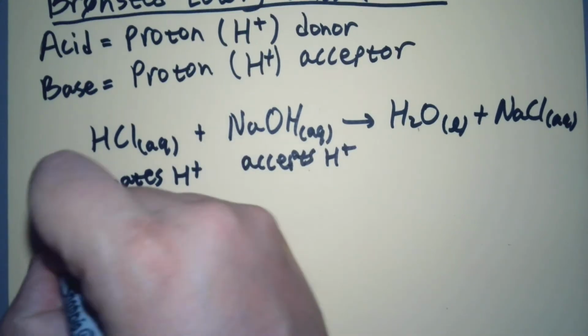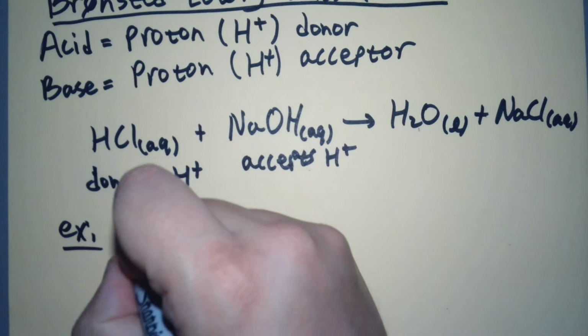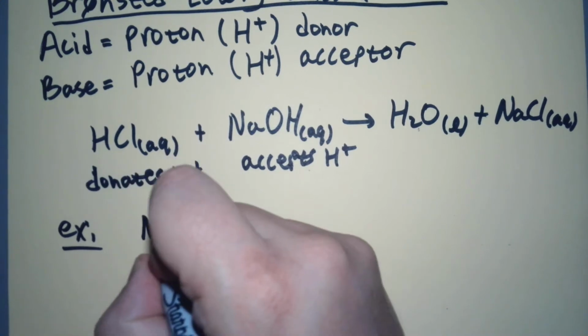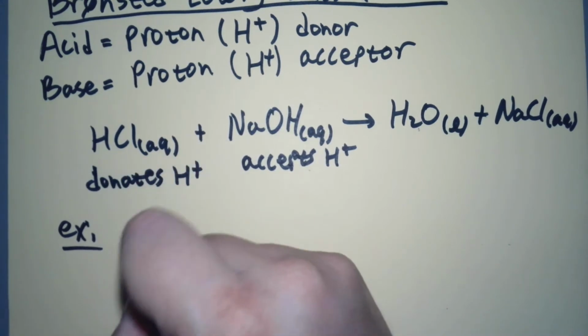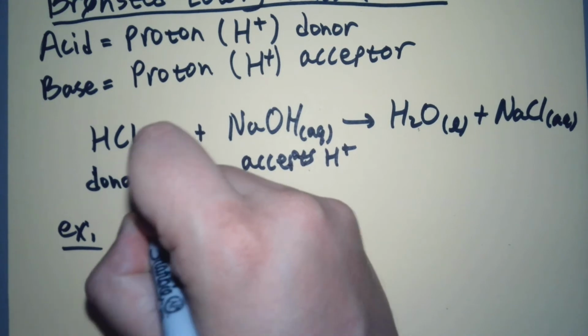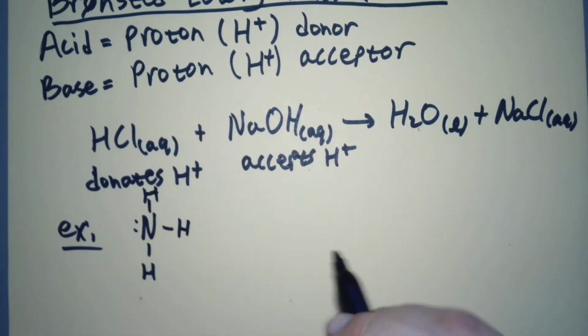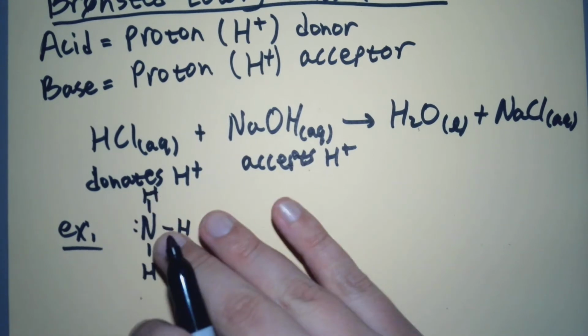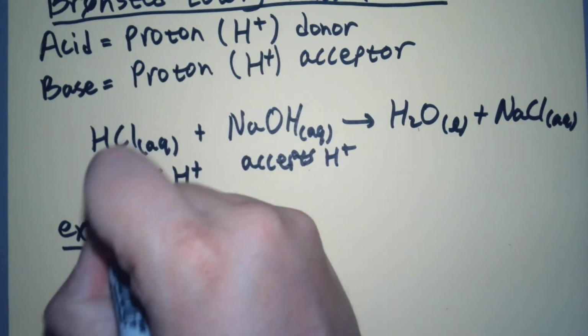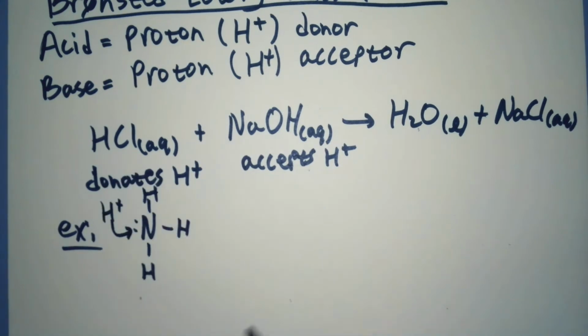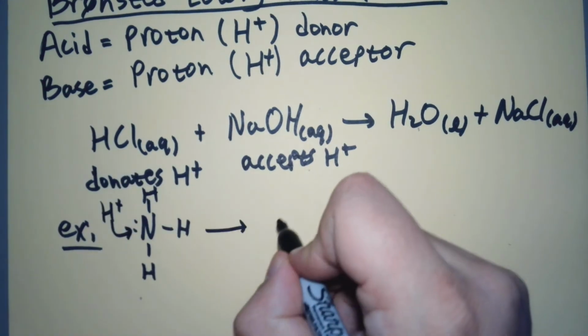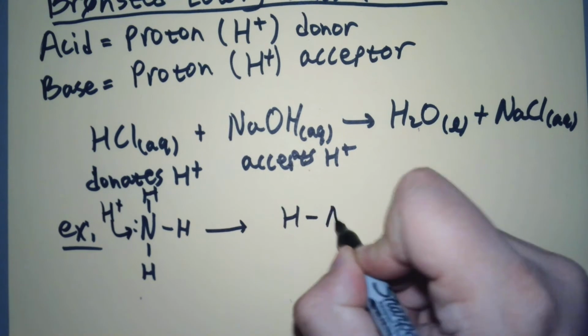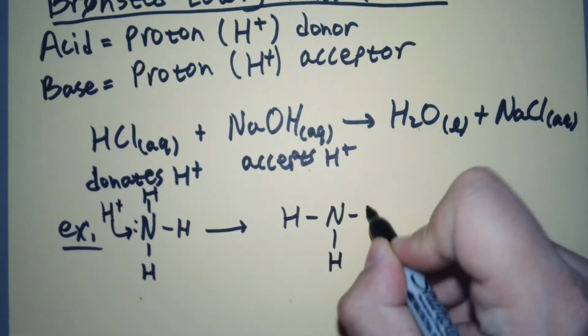So for example, ammonia. This is a weak base because it doesn't do this with 100% of the ammonias, but an H plus can be accepted by that lone pair, and we get ammonium.